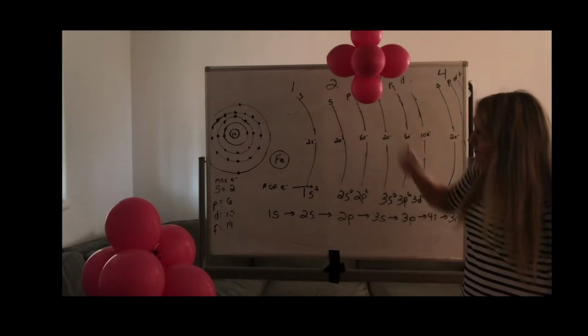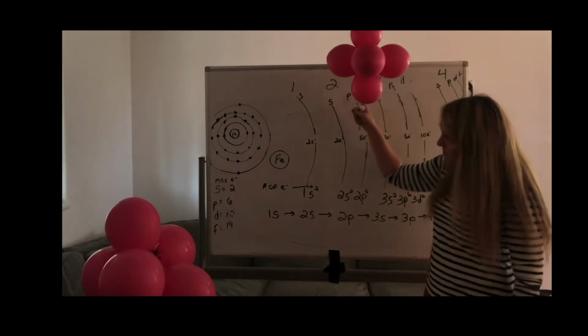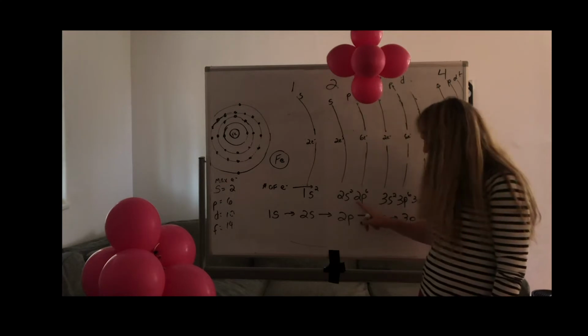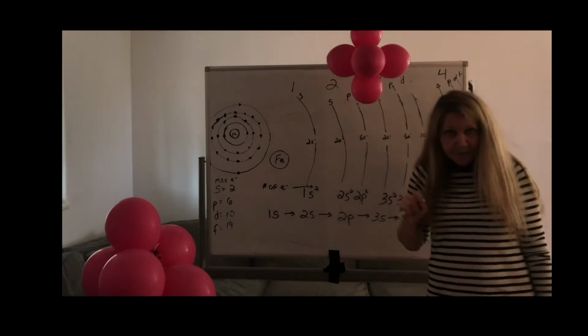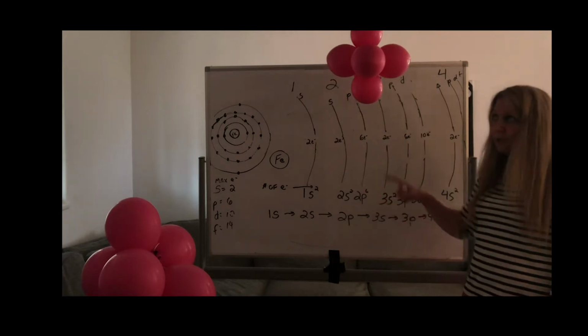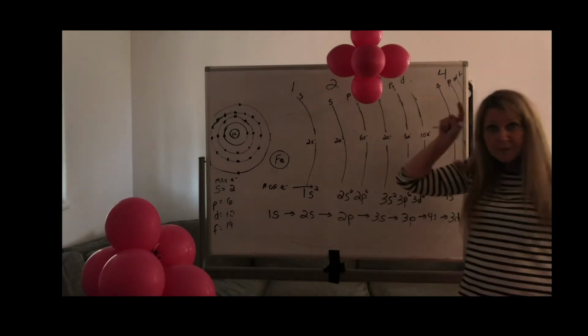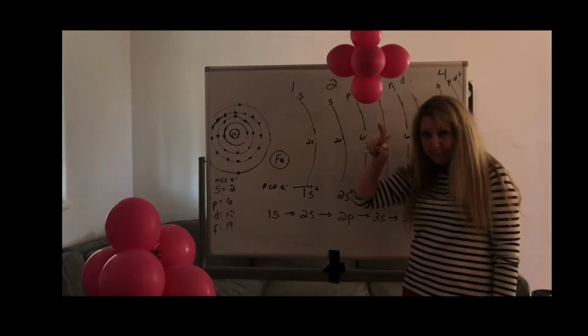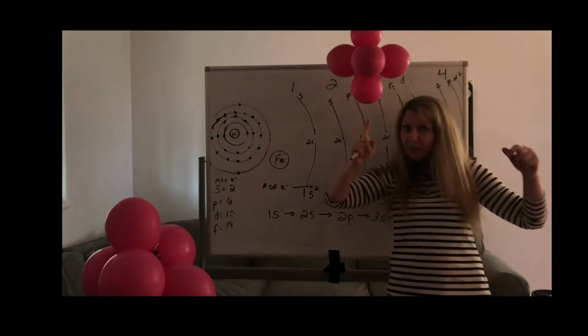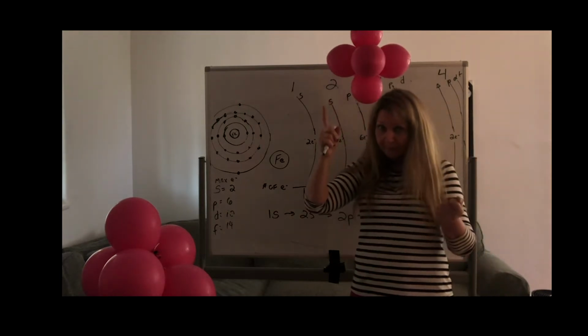Okay, so a p sublevel, and in this case we're looking at the 2nd energy level, and so we indicate 2p, and it's to the 6th, because right here I'm just showing the maximum electrons. It can hold a maximum of 6 electrons. So remember, the outside of the balloons indicates the pathway upon which the electrons are traveling.